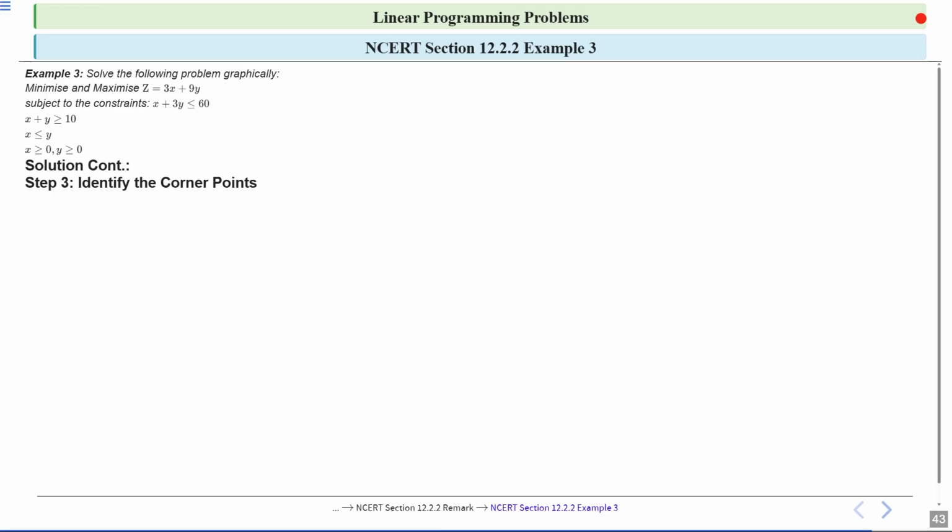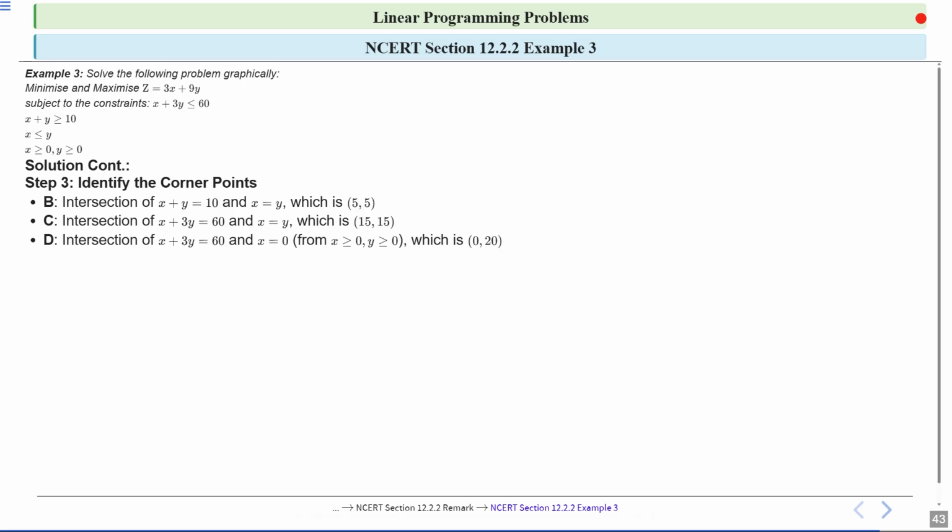Now step 3 is to identify the corner points. Point B is the intersection of x plus y equals 10 and x equals y, which is (5, 5). The point C is the intersection of x plus 3y equals 60 and x equals y, which is (15, 15).